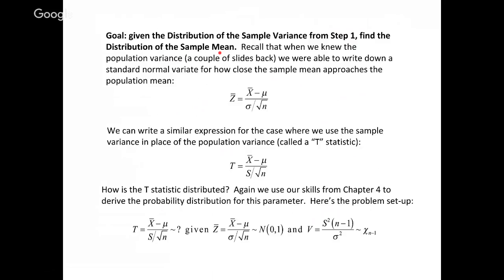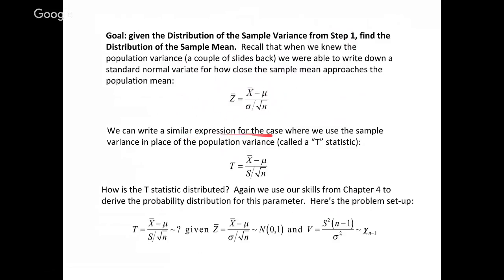Here we're going to proceed in steps. First, remember that when we knew the population variance, a couple slides back, we were able to write down a standard normal variate for how close the sample mean approaches the population mean, which was this guy here. And remember that it is just a standard normal variate, so it's distributed like N(0,1).